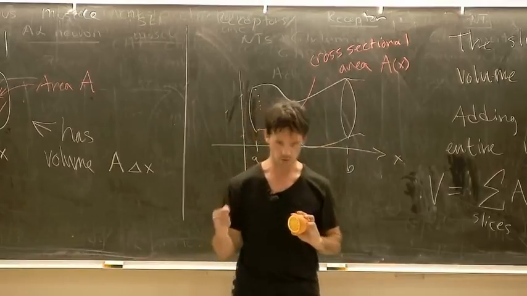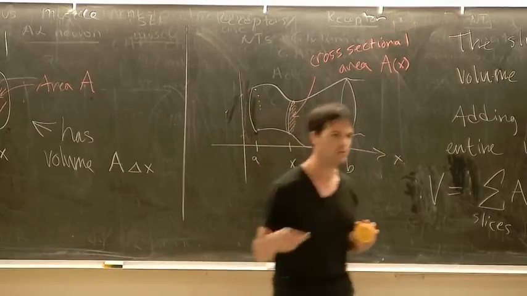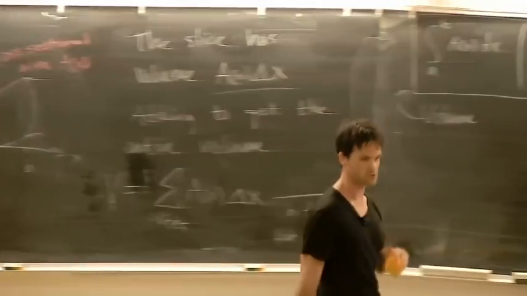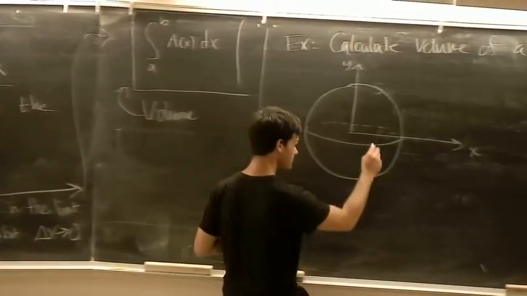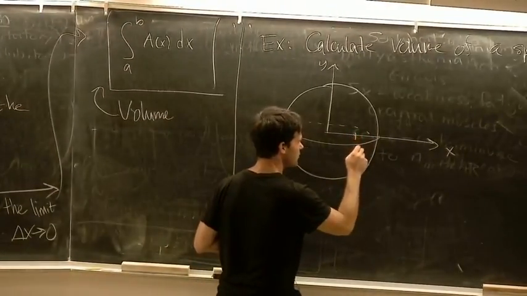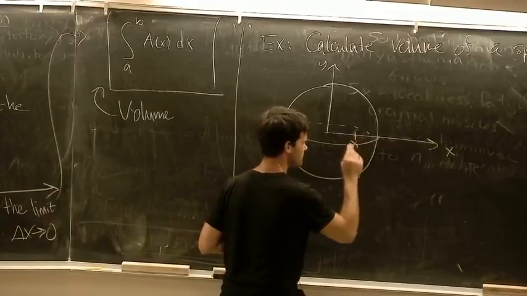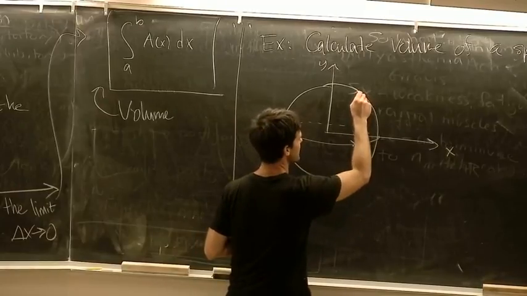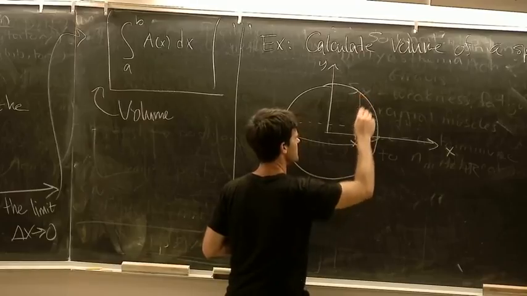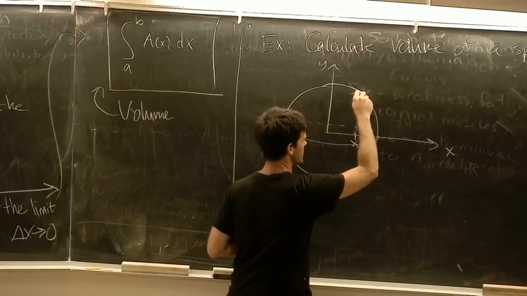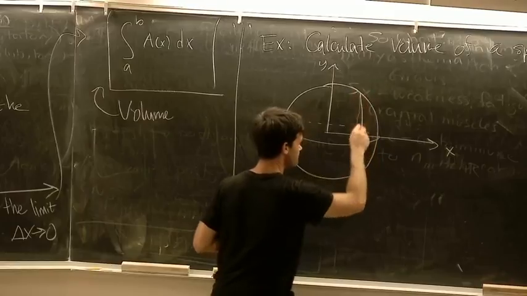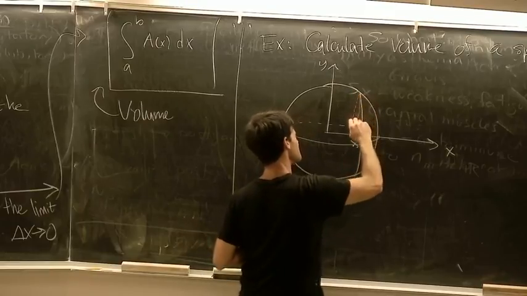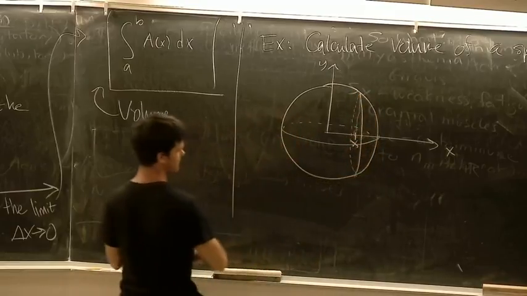That's super important once we realize that, because at least now we can use the formula for the area of a circle in our calculation. Suppose we're at some point x, and I make this slice right here. So we can draw this. So it's going to look like, kind of.